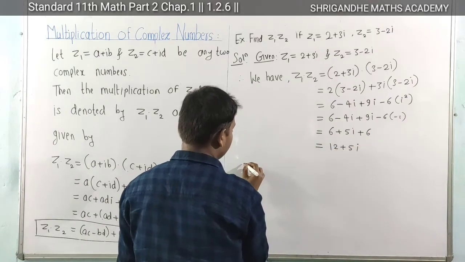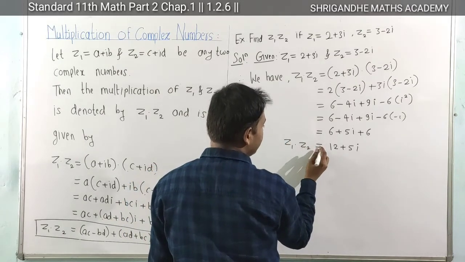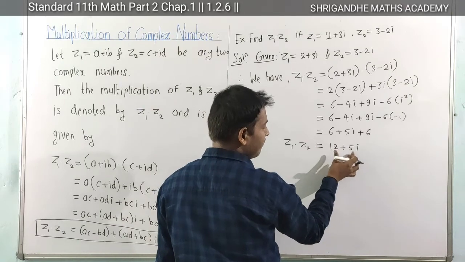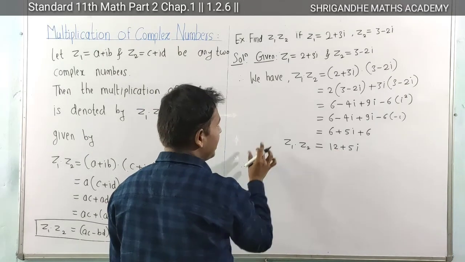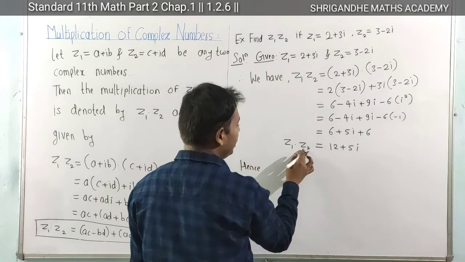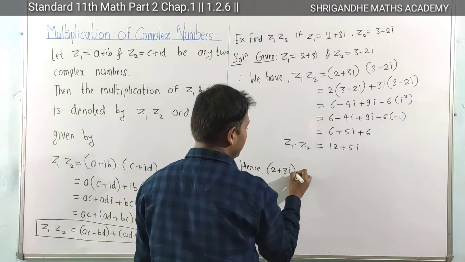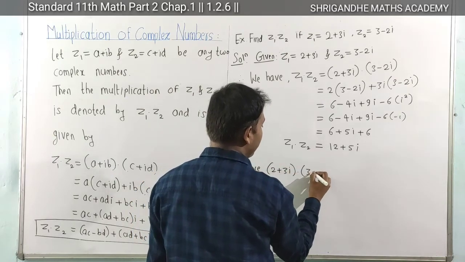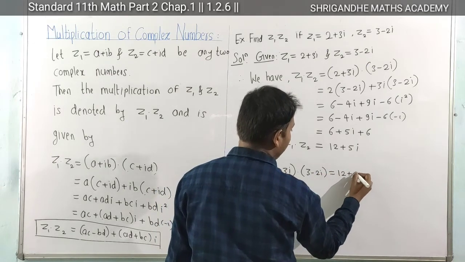Therefore we get Z1 into Z2 is equal to 12 plus 5i, where 12 is the real part and 5i is the imaginary part. Hence Z1 into Z2, that is 2 plus 3i into 3 minus 2i, is equal to 12 plus 5i.